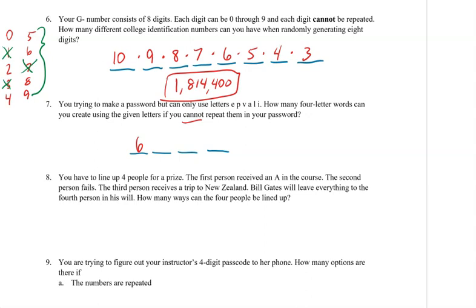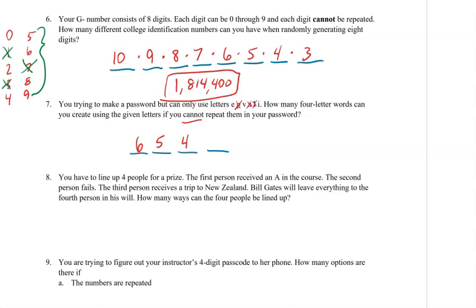Now, just like before, we just used one. So let's say we used P. That only leaves 5 letters left for our next option. Again, let's say we used A. That's 4 letters left for our next one.